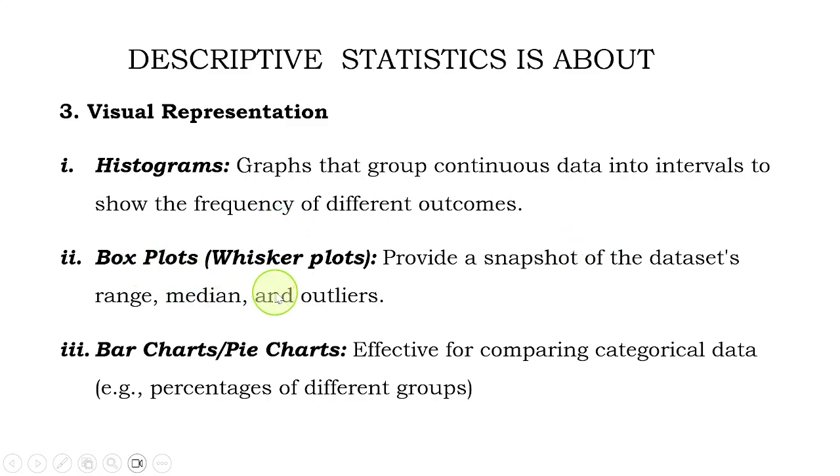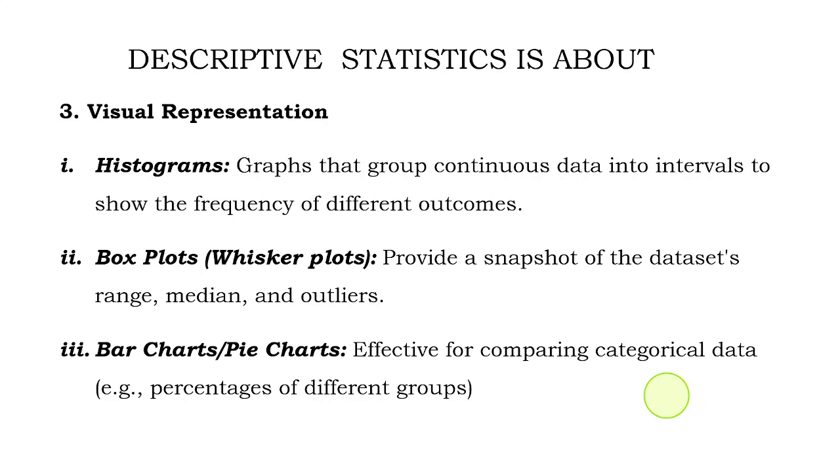The box plot, sometimes called a whisker plot, provides a snapshot of the dataset's range, median, and outliers. And the bar charts or pie charts are very effective for comparing categories. So here we use the bar chart for categorical data and the histogram for continuous data, as we're going to look at.